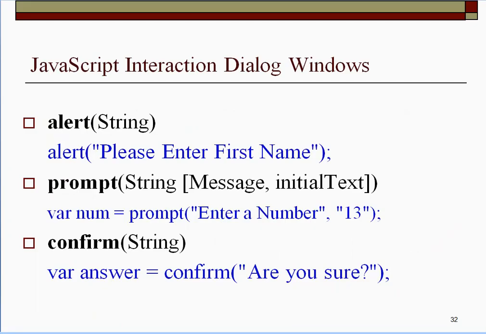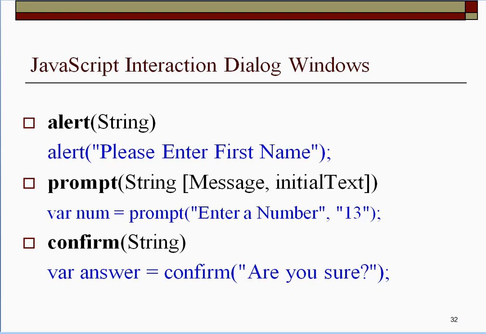JavaScript offers some interaction dialog windows that are basically little boxes that pop up and ask for interaction with the user. There are three kinds: the alert, the prompt, and the confirm. They are very similar, except that they differ in complexity and richness of the interaction as you progress from the alert to the confirm.